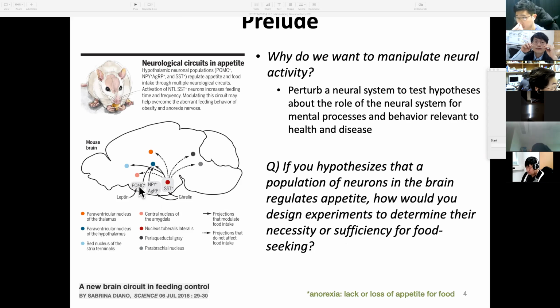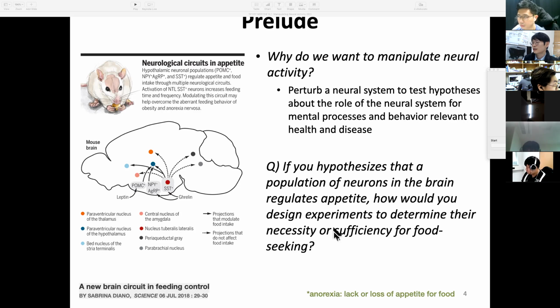With your assay of food seeking, when you take this out, the animal may be sick so that it cannot eat anymore. Or this area may be affecting motor activity, and the animal just cannot move to actively eat food. So you have to be very careful about interpretation.